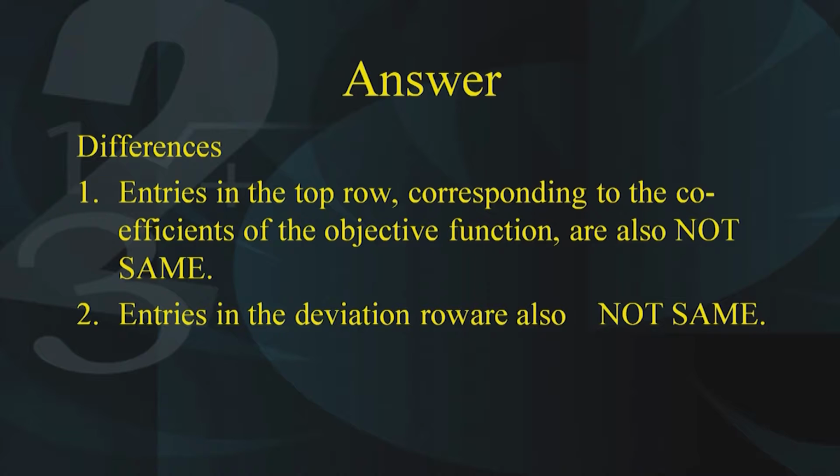The reason is that in the big M method you have everything in terms of M, and in the two-phase method, for the first phase you put aside the original objective function and replace it with a temporary objective function.